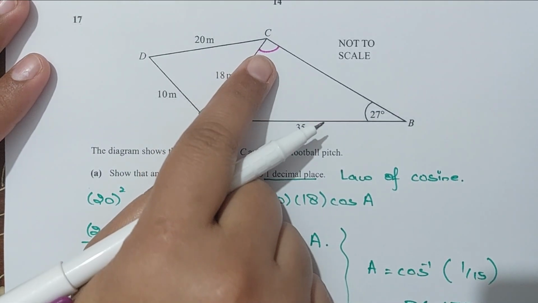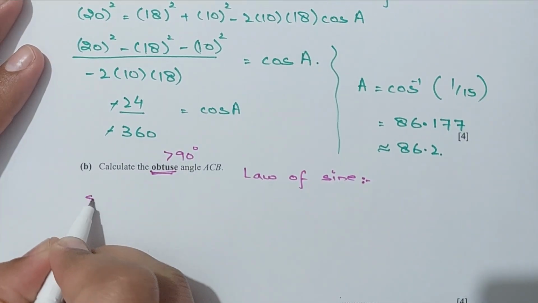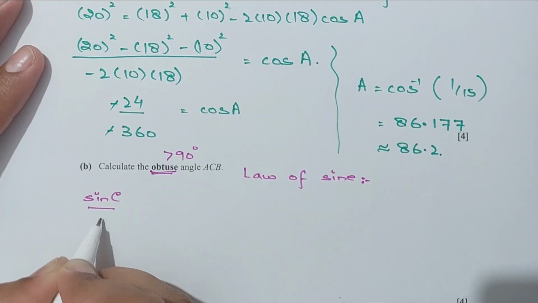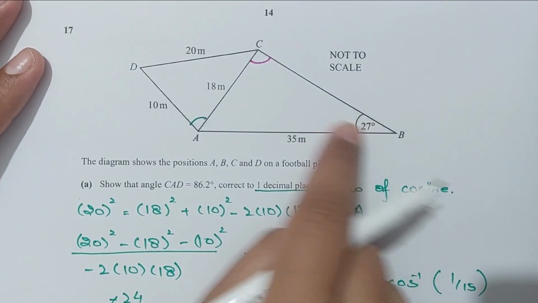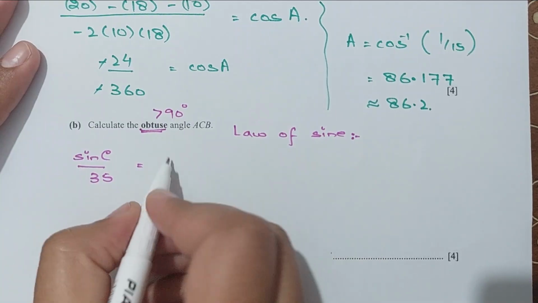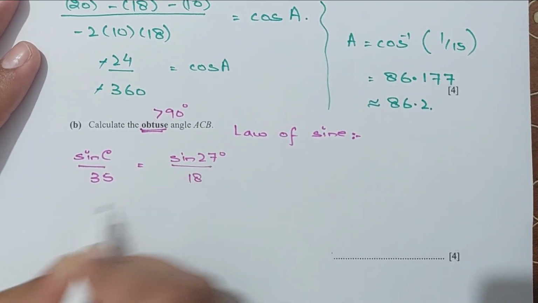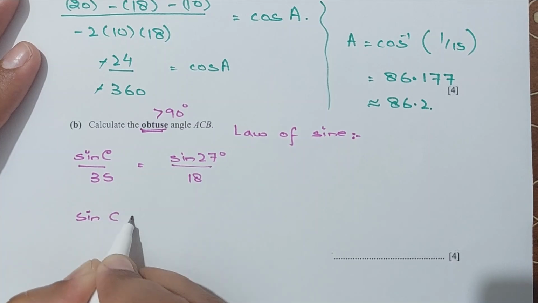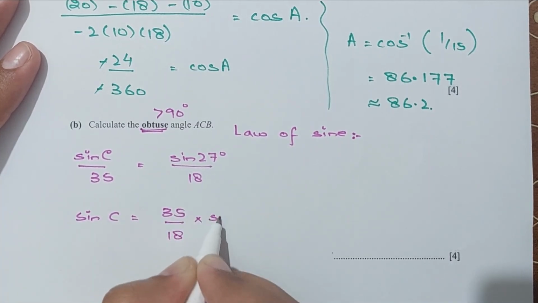This angle we have to find and its front side is 35. So we can say sine of C over 35 equals sine of 27 degrees over 18. So sine angle C is 35 over 18 times sine 27.